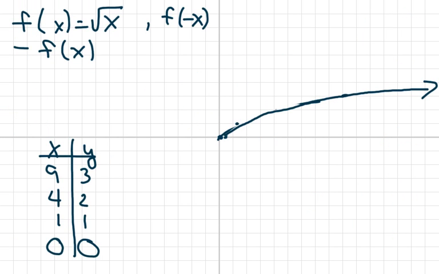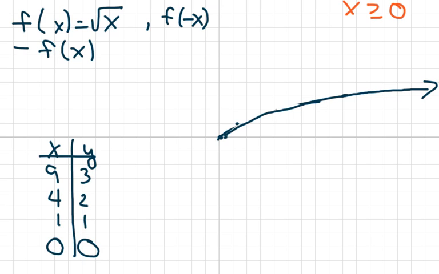The next one we have is a square root parent function. I picked perfect squares. Of course, the domain of a square root function is x is greater than or equal to 0 when you're talking about the real number system. And I did my table here. What we're going to be talking about now is reflections about the x-axis and the y-axis.